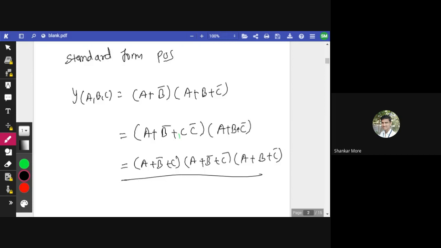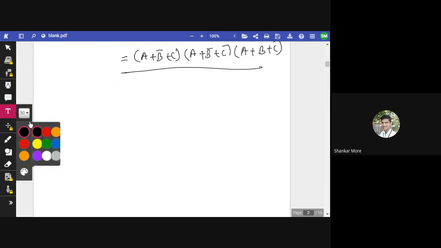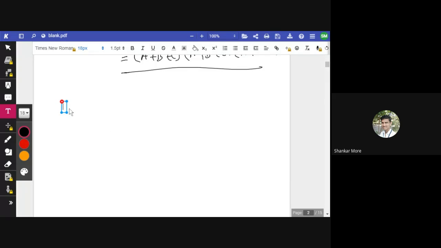Now the next topic that we are going to see is simplification of Boolean expressions. There are certain methods we can use for simplification. So let me just put the heading here. Okay, font should be a little bigger. Simplification of Boolean expression.